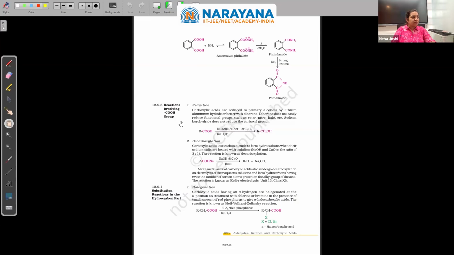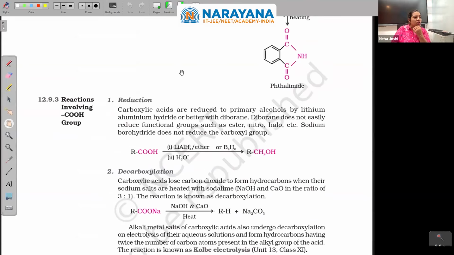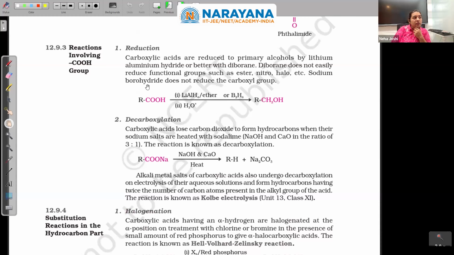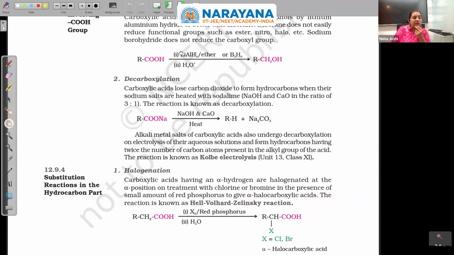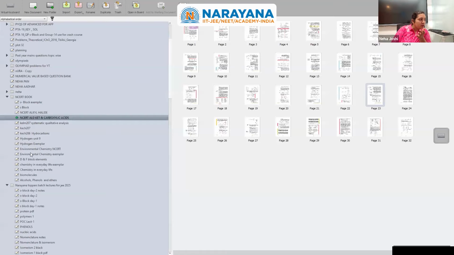Here is the reduction. Let us read this. I want you to check what language they have used. Carboxylic acids are reduced to primary alcohols by lithium aluminum hydride or better with diborane. Diborane does not easily reduce functional groups such as ester, nitro, halo, etc. Sodium borohydride does not reduce the carboxylic group. That is all they have written in the carboxylic acid chapter.